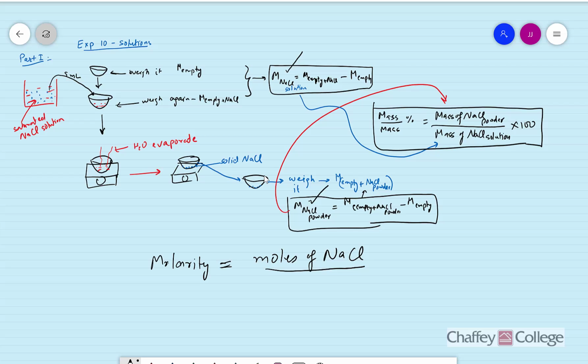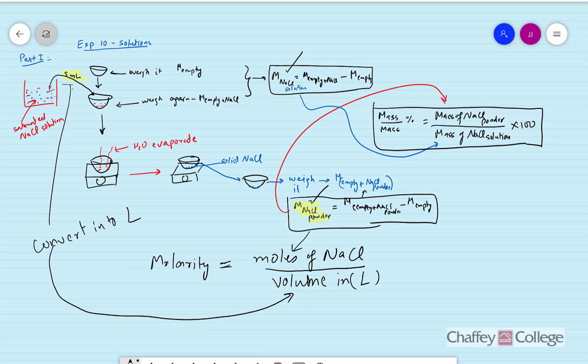In some experimental data, you may have a different volume because the data changes from one student to another. You may use 10 ml or some other volume instead of 5 ml, so use the volume which is given to you. Calculate the liters from the milliliters, and then use that volume here and calculate the molarity. So this is part one of our experiment.